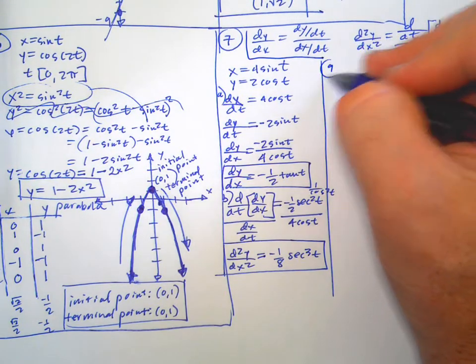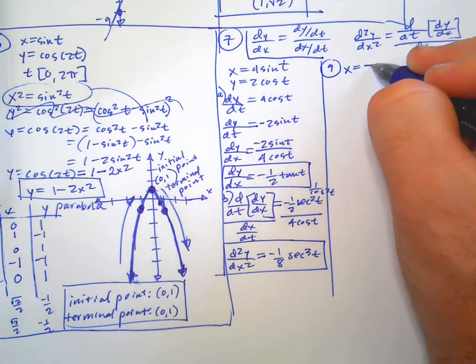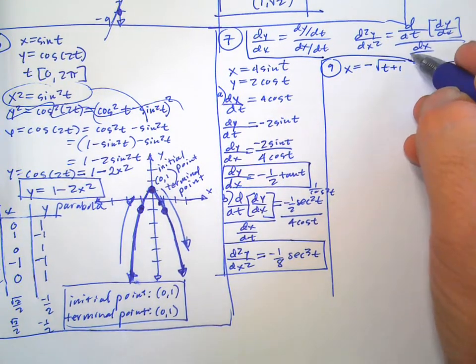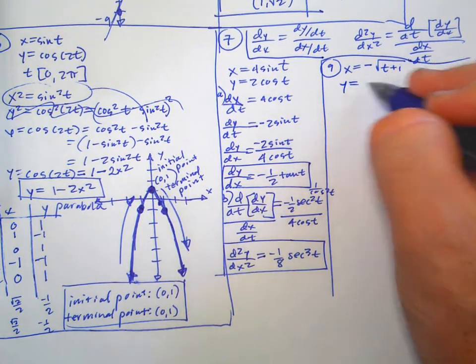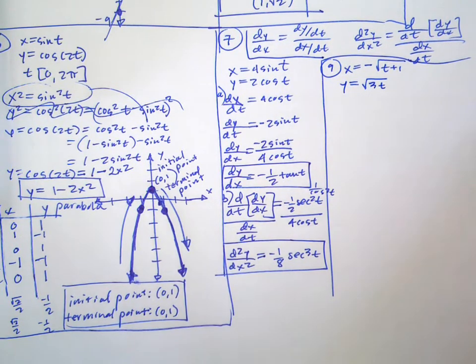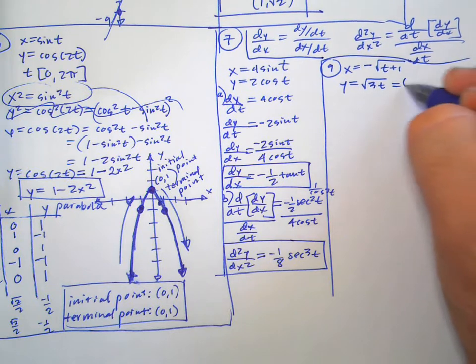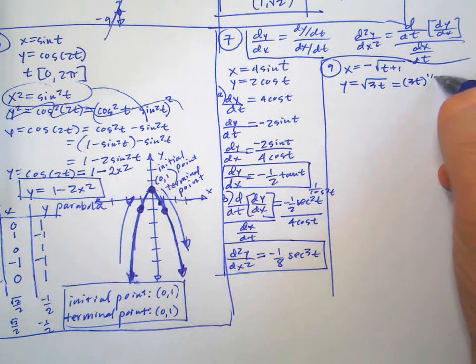Number 9. That's x. This is y. Probably want to think of those as powers.